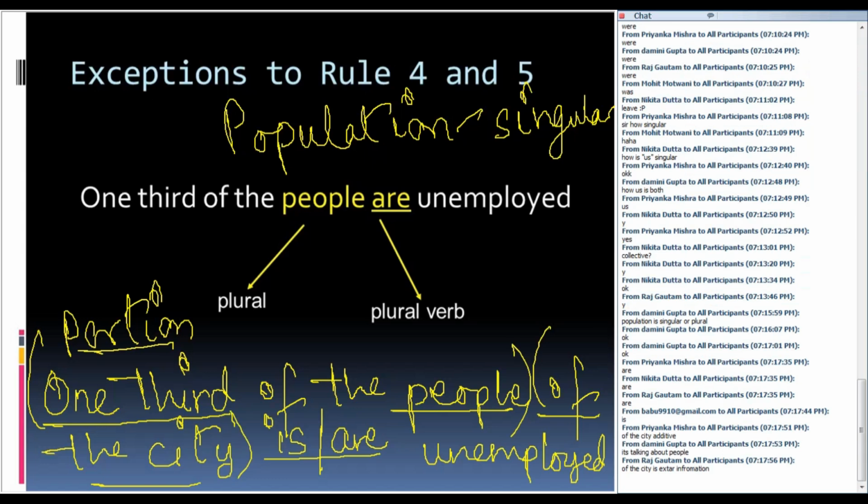This of construction is not talking about portion. The word people does not tell you portion. So if after this word you have an of construction, then rule number 4 will apply, which means you have to ignore this. So your subject is actually people, and that is why you'll have to mark are. Did you get this?